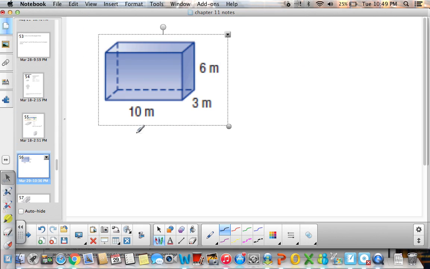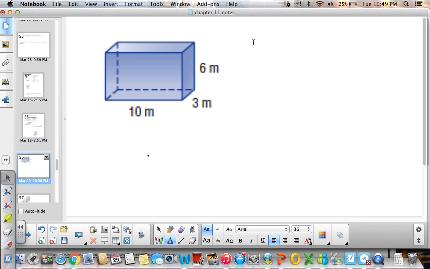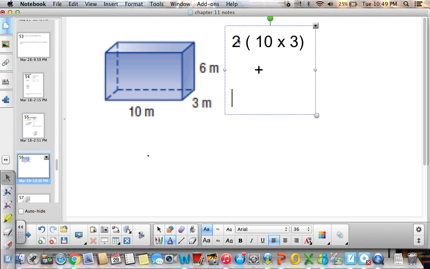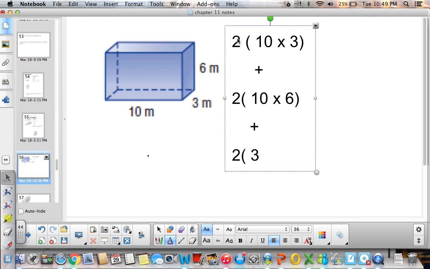Okay, so for this one, we are going to do the same thing. So we have 2 times 10 times 3 plus 2 times 10 times 6 plus 2 times 3 times 6. I have 10 and 3, 10 and 6, and then 3 and 6.